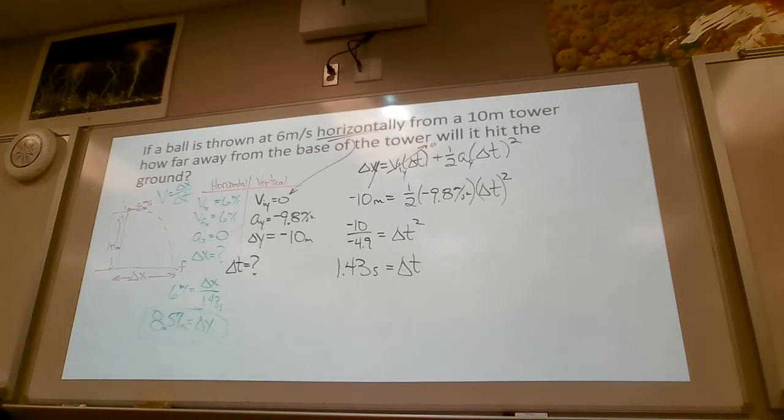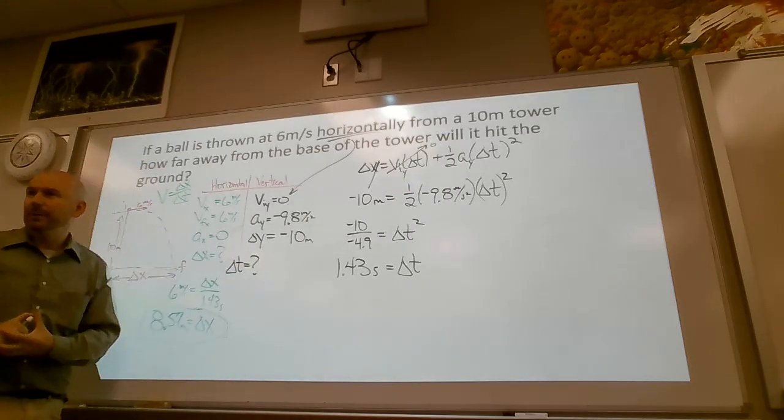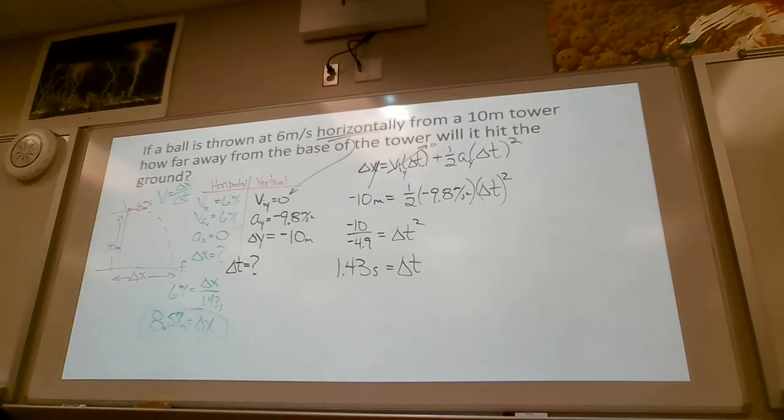You see how we did that? Separate them. Horizontal motion is independent of vertical, okay? Time is the thing that connects the two. It's a lot of work, I get it. But if you're organized, it'll go well for you. Okay? So 8.57 meters. Good? That is kind of tough.